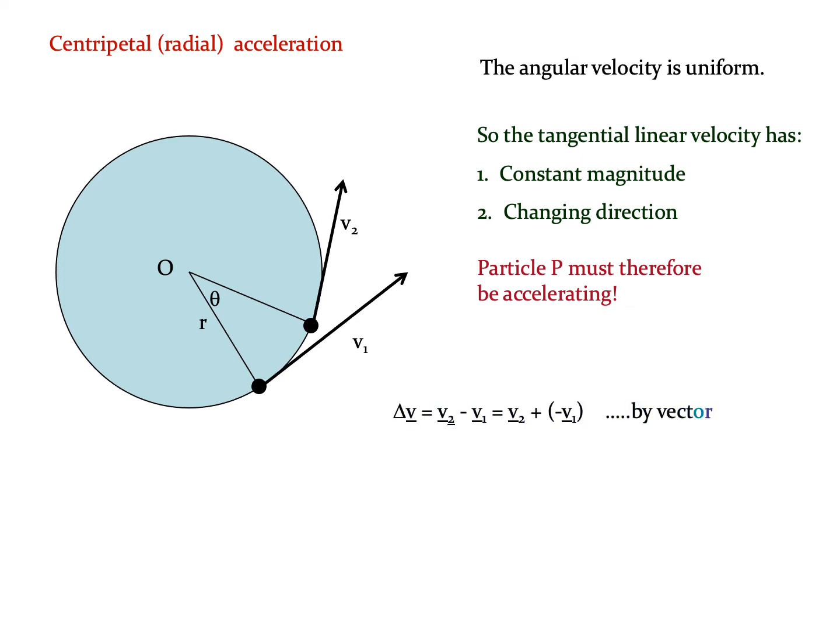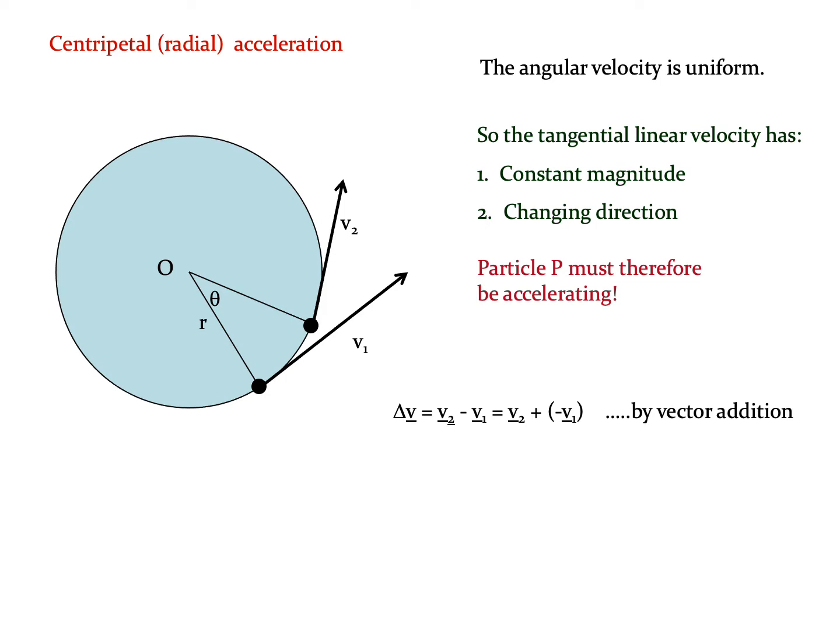Well, let's begin by looking at the change in velocity. As you know, in a linear acceleration, the linear acceleration is v minus u over t, and v minus u is the change in linear velocity. So it seems like a good place to begin for our centripetal acceleration to look at the change in velocity.